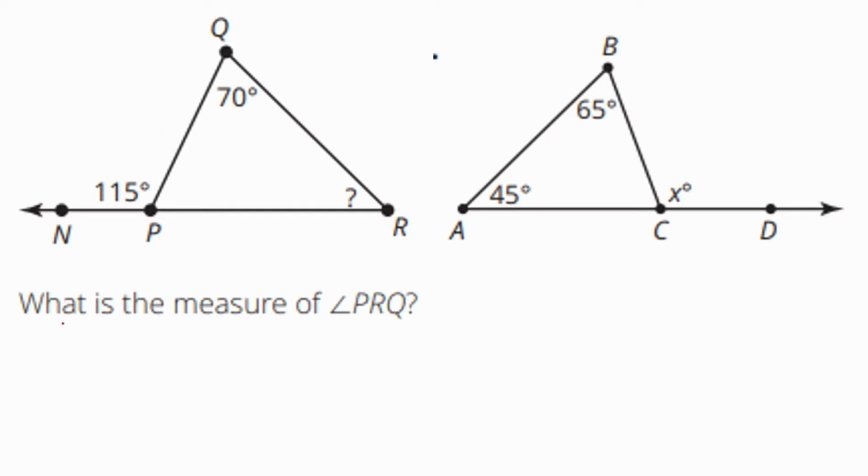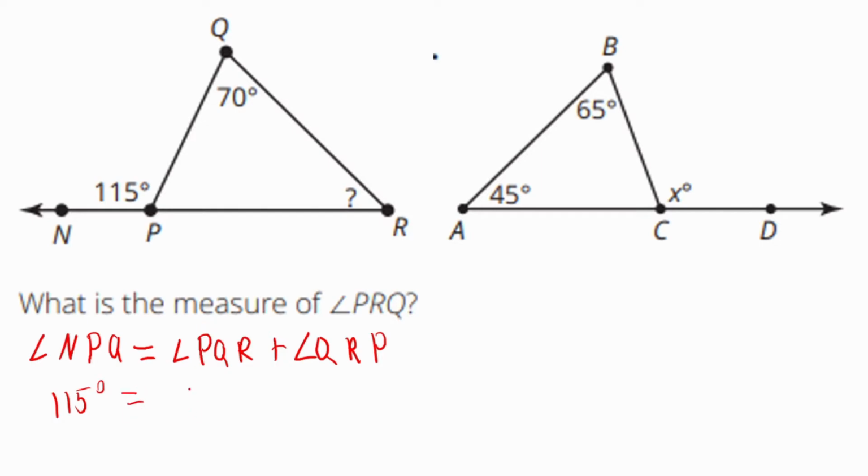So in other words, what we could write here is angle NPQ is equal to angle PQR plus angle QRP. And what we know is NPQ is 115 degrees. PQR is 70 degrees. And we don't know QRP. Or, sorry, let me rewrite that.